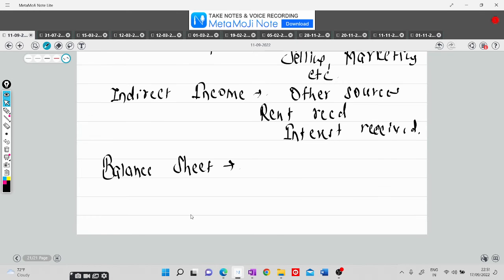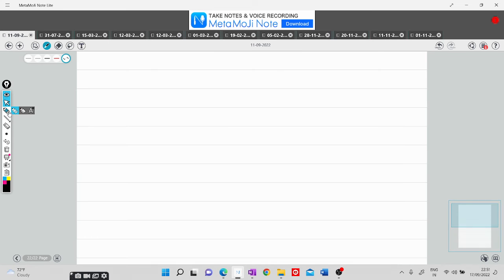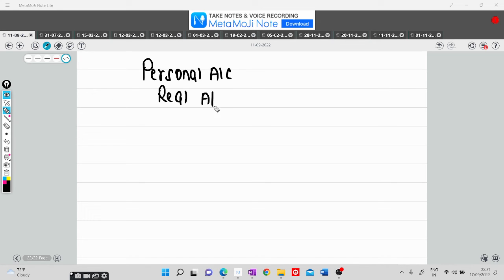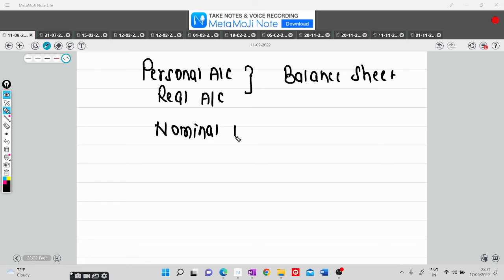One thing we have to remember is that the balances of all personal accounts and real accounts will appear in the balance sheet, and the balances of the nominal accounts will appear in the trading account or profit and loss account, depending on whether the expense or income is direct or indirect.